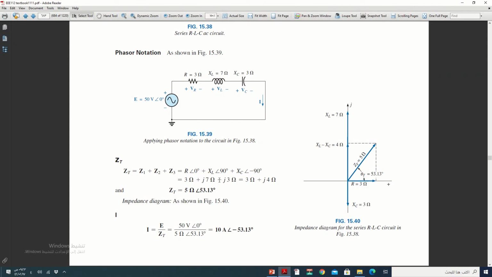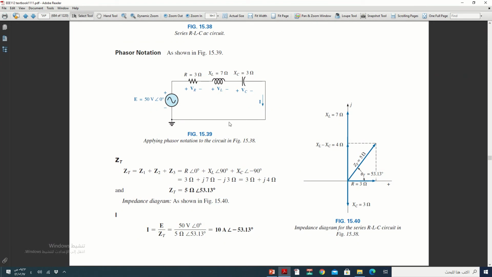If you remember, the inductor is 90. If you get the final Z total with a positive angle, you will find the behavior similar to the inductor, which is lagging. If the Z total has a minus angle, you will find the behavior similar to the capacitor, which is leading.